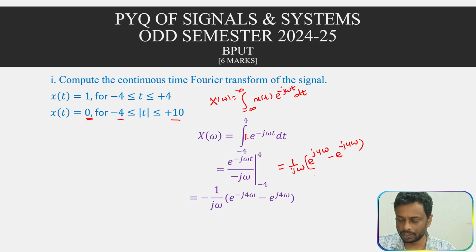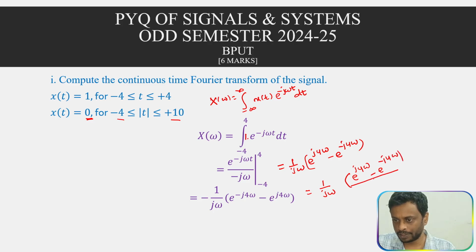By Euler's formula, you can multiply the numerator and denominator by 2j. Then e^(j4ω) minus e^(-j4ω) over 2j is sin theta, so it becomes 1 by jω into 2j times sin 4ω.